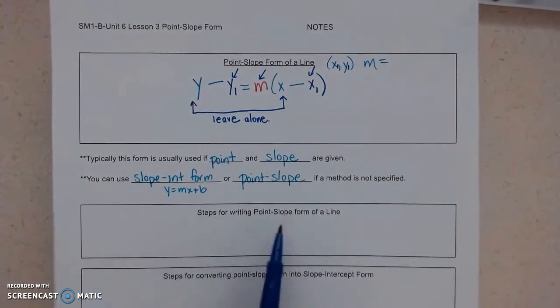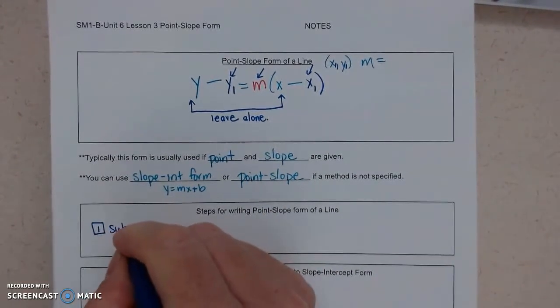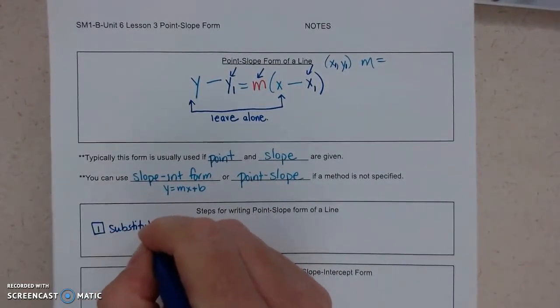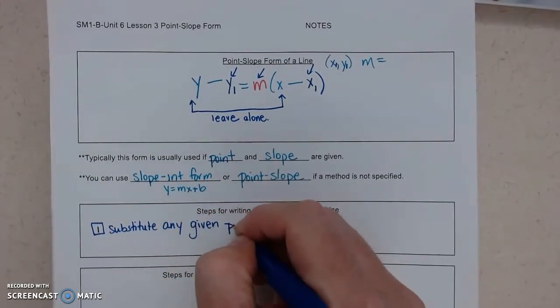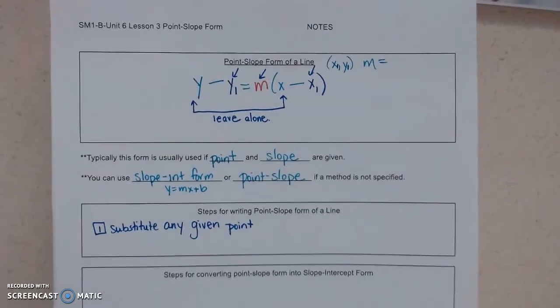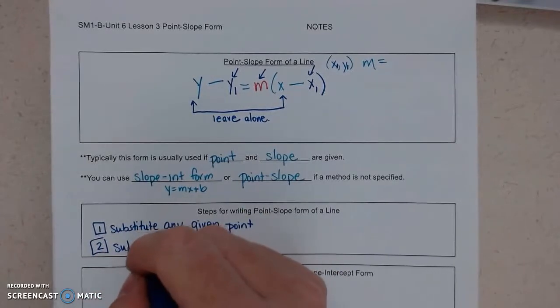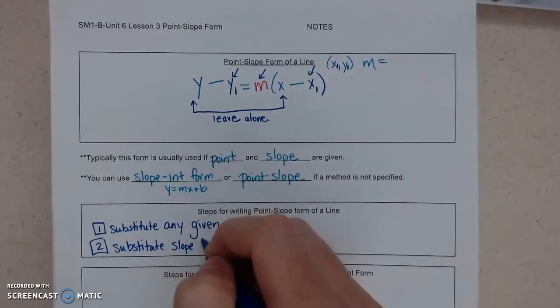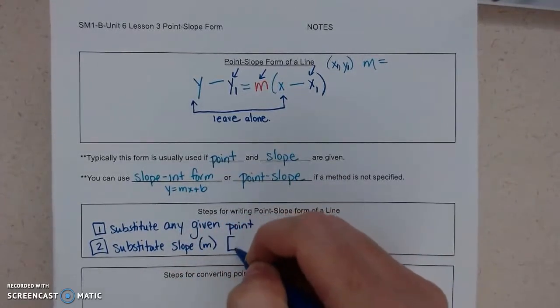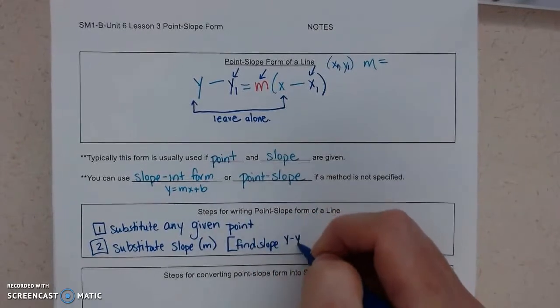All right, so steps for writing point-slope form. One, you're going to substitute any given point. Sometimes they might give you 2 points and you just pick whichever one you want to use. Step 2, you are going to substitute the slope, or you might have to find your slope first, which was y minus y divided by x minus x.